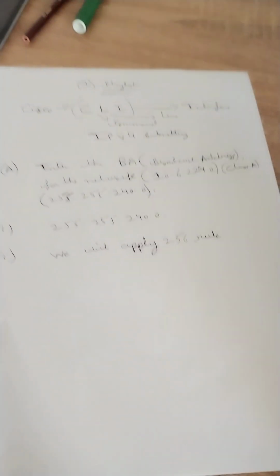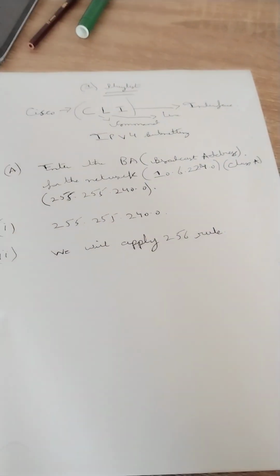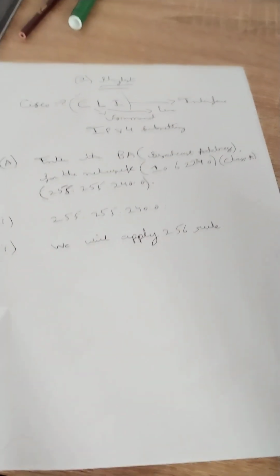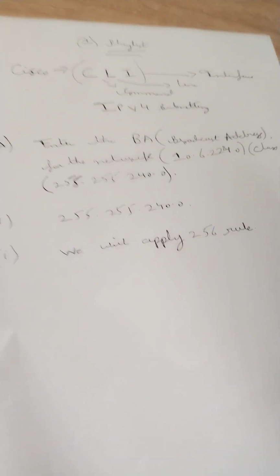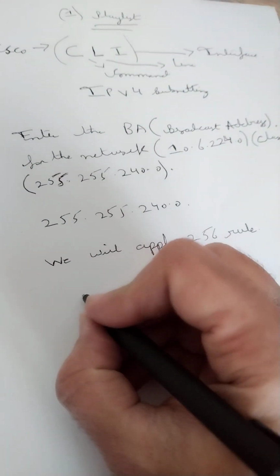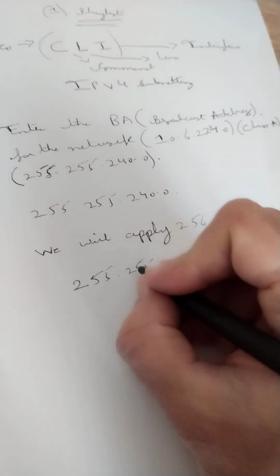In the exam, you have to do all this inside your brain within 2 minutes, within 1 minute. Once you carry on practicing, you'll be all right. So once we apply the 256 rule, as everyone knows, we need to subtract something.